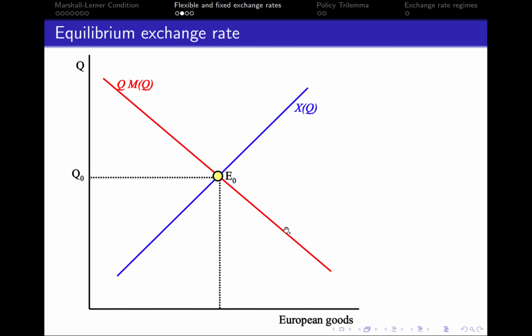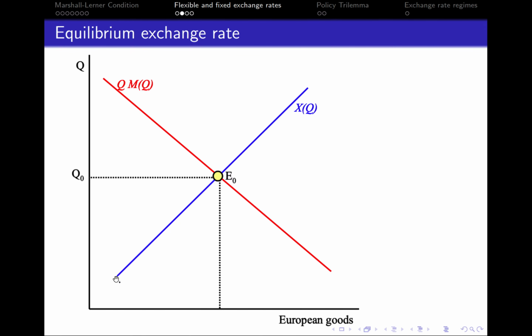Of course, the higher the competitiveness of our economy, so the higher the real exchange rate, the fewer goods from abroad we are going to be purchasing. We are looking from the perspective of the European Union, the Euro area.